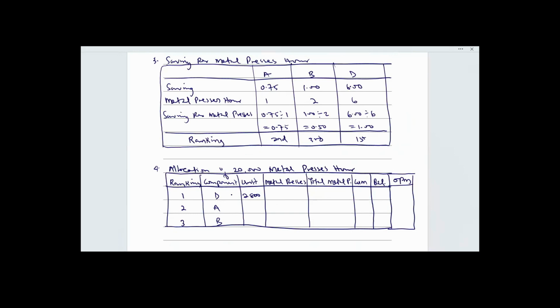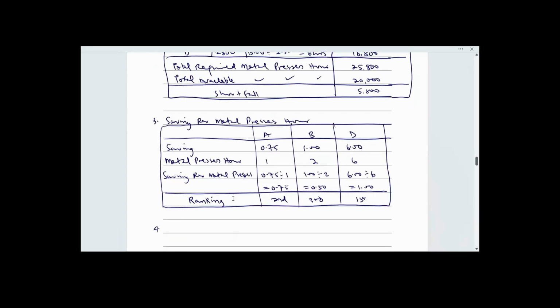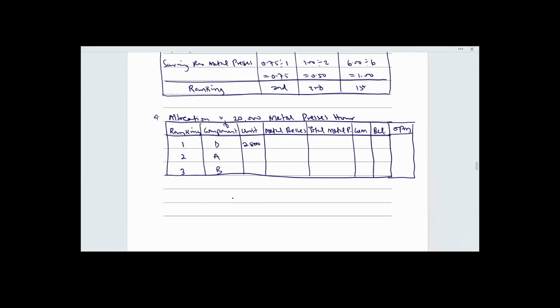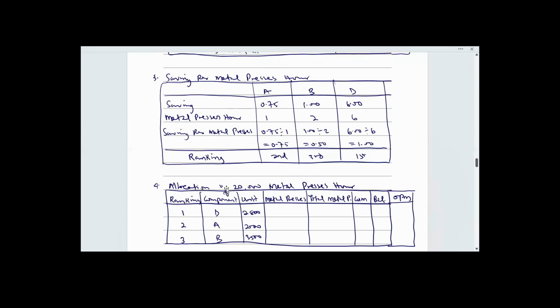Component A requires 2,000, then 3,500 for B. Metal presses hour per unit: D is 6, A is 1, then 2.